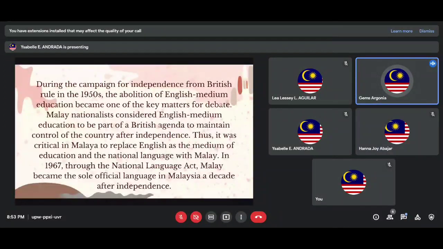During the campaign for independence from British rule in the 50s, the abolition of English medium education became a matter for debate. Malay nationalists saw English medium education as a part of a British legacy. Thus, it was critical after independence to replace it as the medium of education and the national language with Malay. Through the National Language Act, Malay became the sole official language in Malaysia a decade after independence.